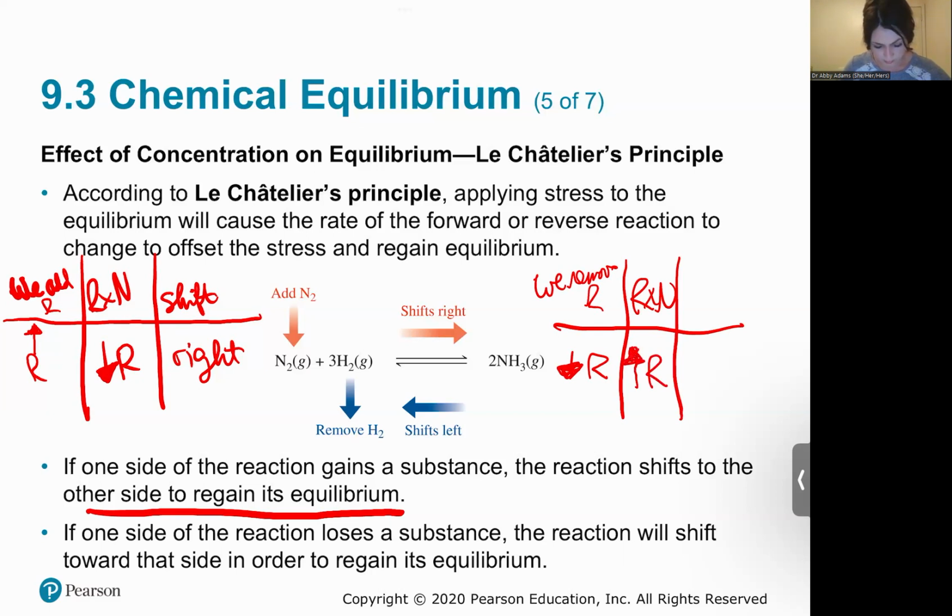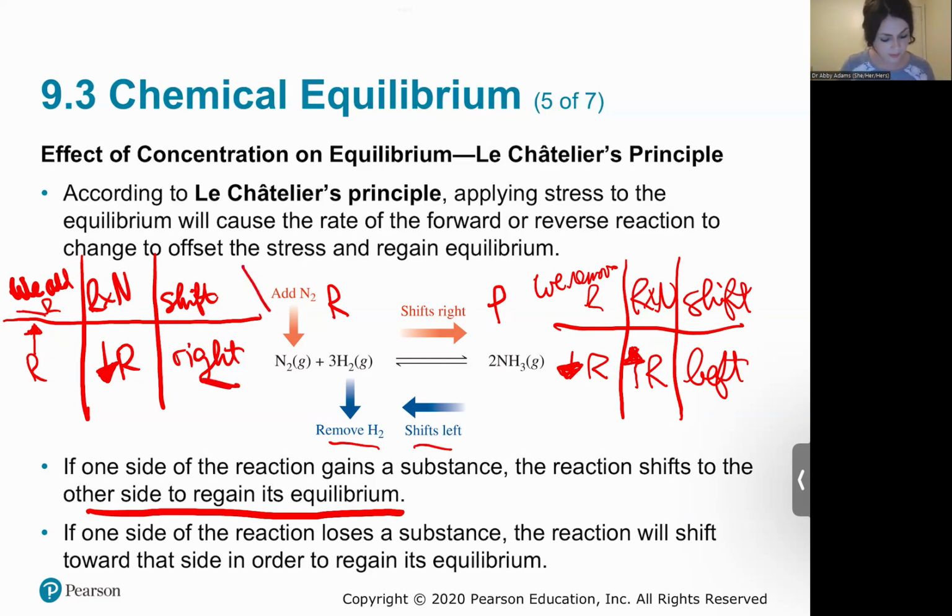So then where's the direction of the reaction going to shift? And it's going to shift to the left, right? To where the reactants are, right? So if this is reactants and this is products, left to right. Okay. So if you remove, it shifts left. If you add, it shifts right.